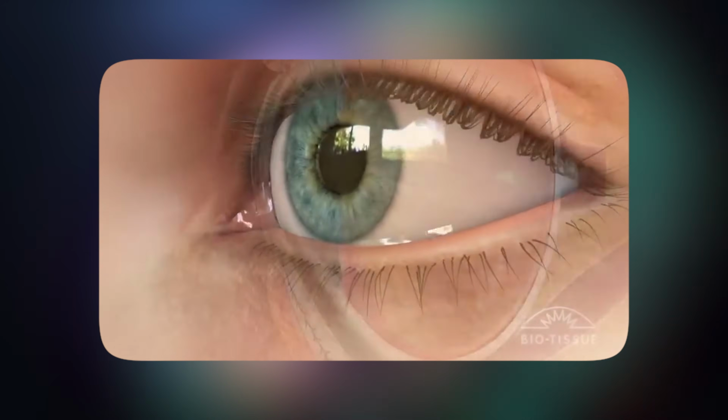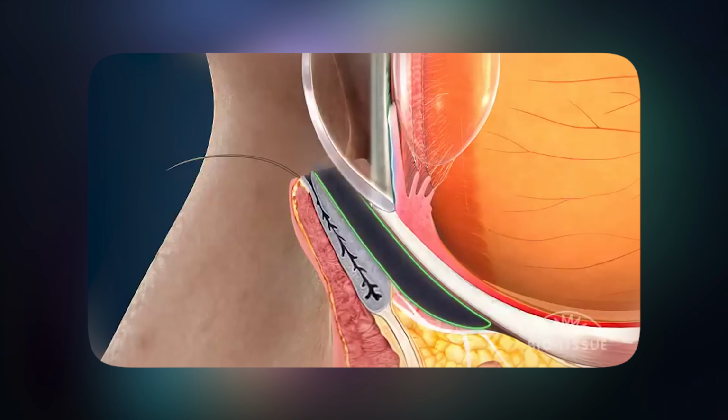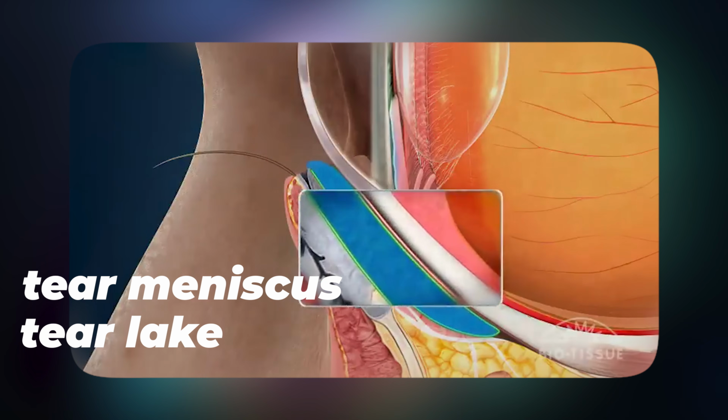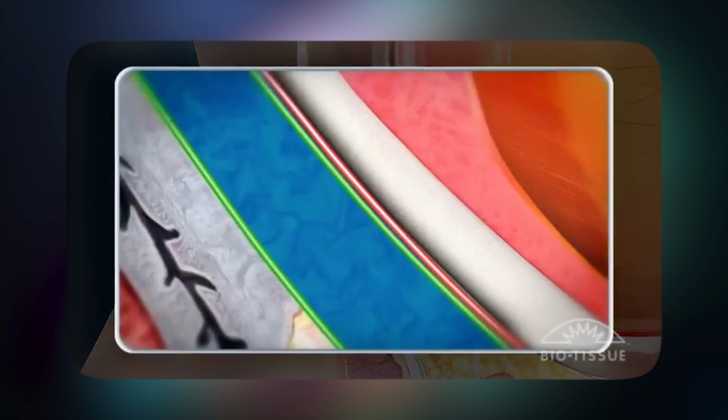Now there's a few ways that this specifically messes with dry eyes. Normally the structure of the eyelid and the eyeball creates what's called a tear meniscus or tear lake. This is where your natural tears have a reservoir. You can think of it as a lake or a pool of tears that the eye can draw from to keep the eye coated with fresh tears.